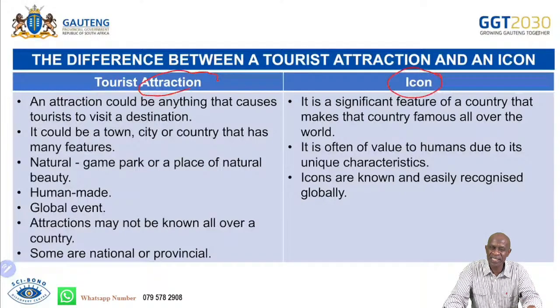What makes a place or a thing an attraction, and what makes it an icon? That is the comparison that we are going to make here. And in terms of definition, an attraction could be anything that makes tourists visit a destination.